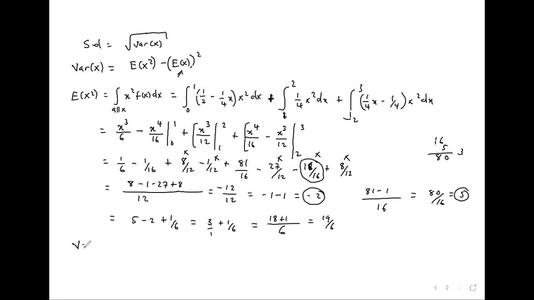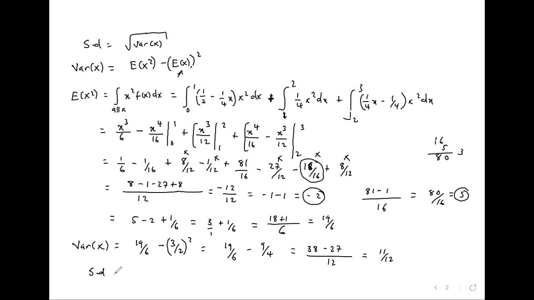So the variance of x is going to be 19 over 6 minus 3 over 2 squared. That's 19 over 6 minus 9 over 4. Common denominator is 12: that's 38 minus 27, that's 11 over 12.